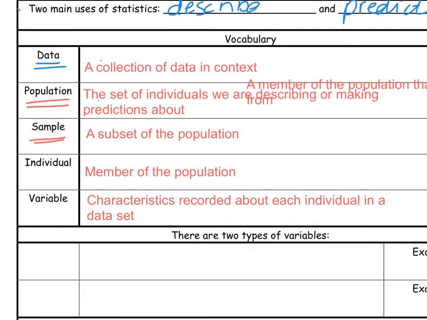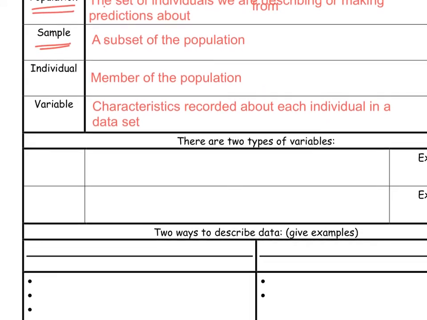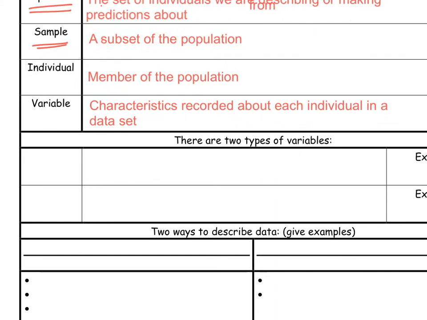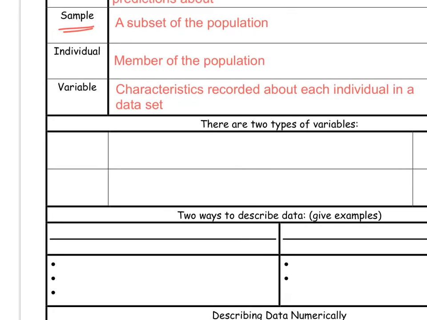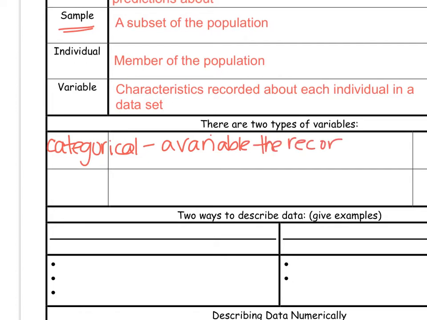So there are two types of variables that we can collect, and one is a variable that records qualities or characteristics, and another one is a variable that measures. So our first type we're going to call categorical, where we put things in a category, and that's a variable that records qualities or characteristics of an individual.